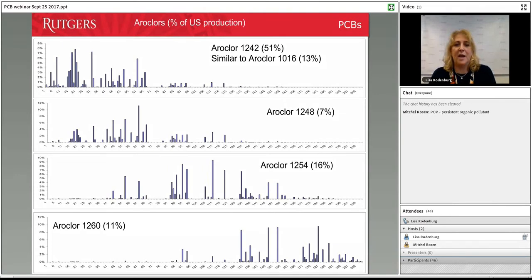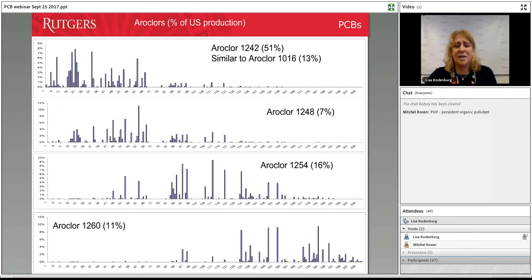So this is what they look like, and you can see, Aerochlor 1242 was only 42% chlorine by weight, so its congeners are kind of bunched up there on the left because those are lower molecular weight. Whereas Aerochlor 1260 was 60% chlorine by weight, so it has a lot more of the heavy congeners, so they're all the way over there on the right with the really heavy stuff.